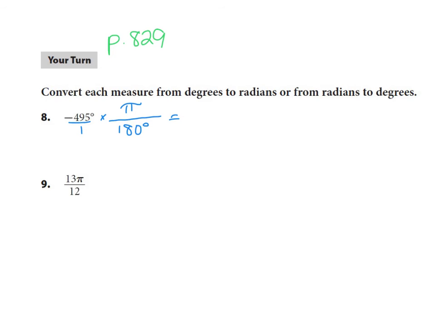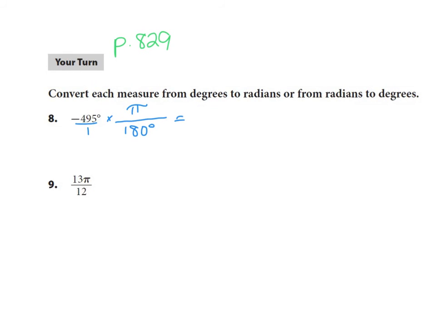So in your calculator, you would simply put negative 495 divided by 180, and you will get a negative. In this case, we always want a fraction. So we're going to get a negative 11 over 4 pi. So just leave that pi as pi. On number 9, 13 pi over 12.